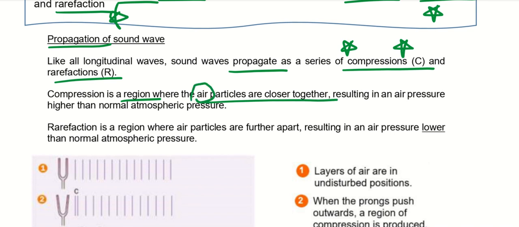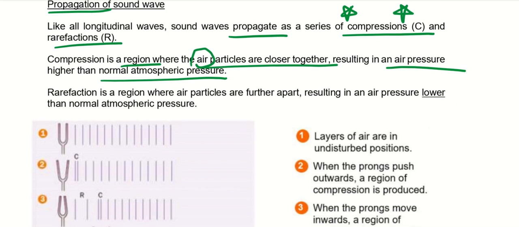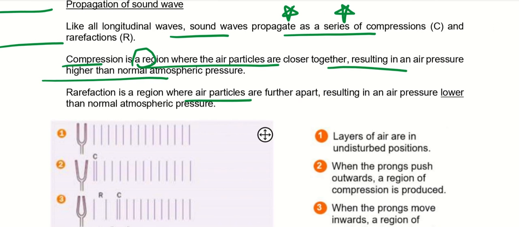If it's happening in liquid, then you must say the liquid particles are closer together. You get the idea, just adapt and change. It results in an air pressure higher than normal atmospheric pressure. Rarefaction is a region where particles are far apart, resulting in an air pressure lower than normal atmospheric pressure.